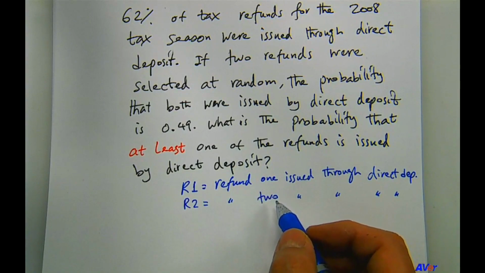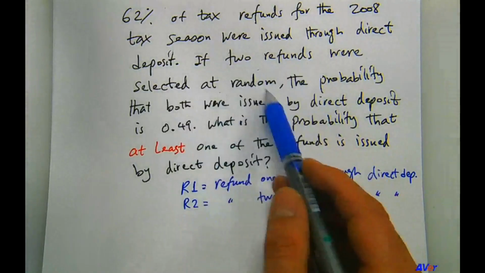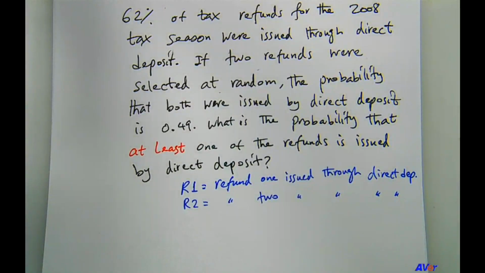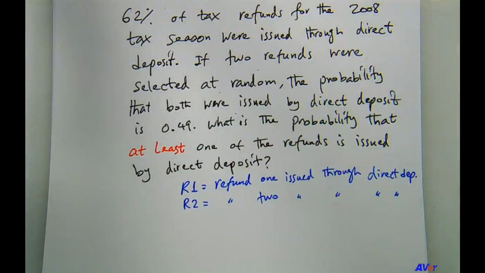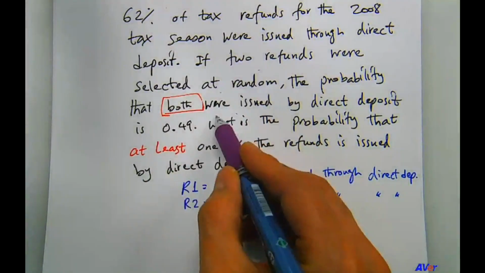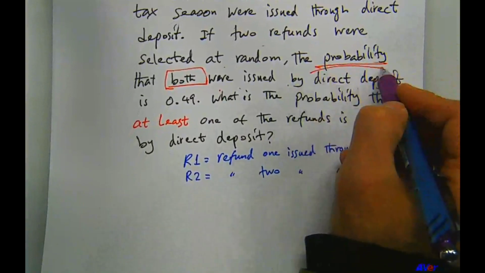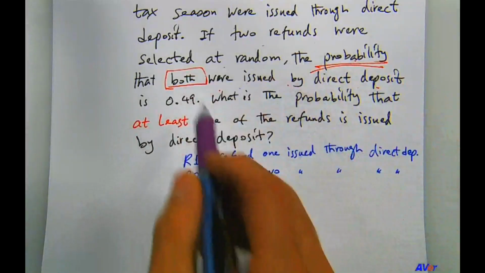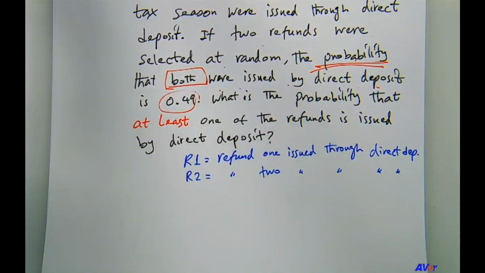All right. So then it says, if two refunds were selected at random, let's say R1 and R2, the probability that both were issued by direct deposit is 0.49. See, take note of these important phrases. How do you give life to that statement in mathematical terms using the notations we've talked about so far? That's what you should be thinking about.